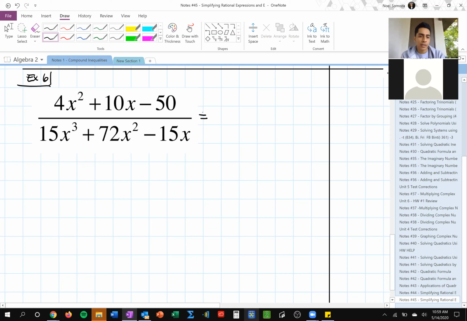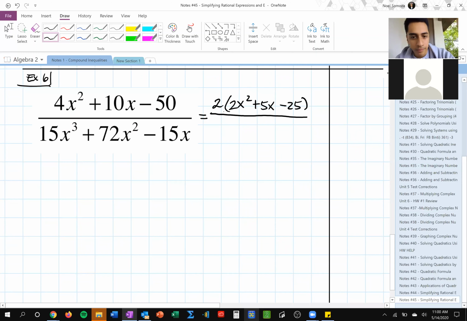We have a trinomial in the numerator. Let's see, GCF. Maybe a factor of 2. That's about all that I see right now. So if I factor out a 2, we have 2x squared plus 5x minus 25.